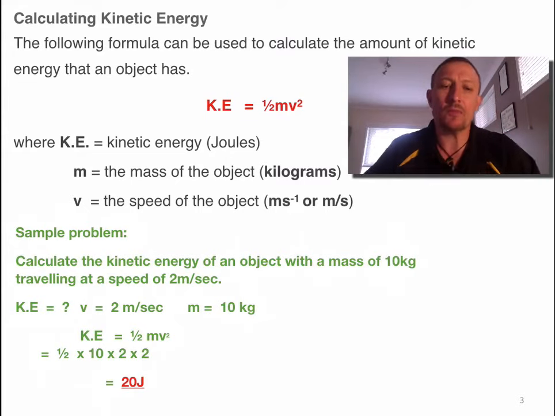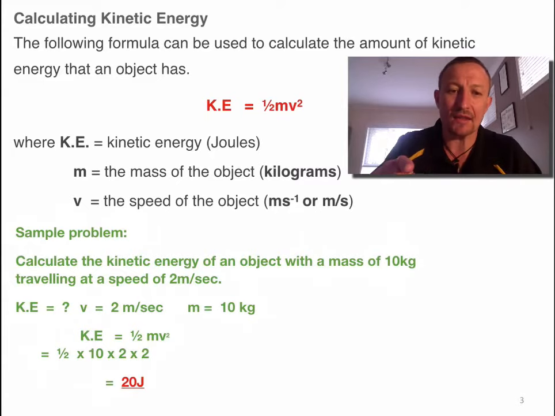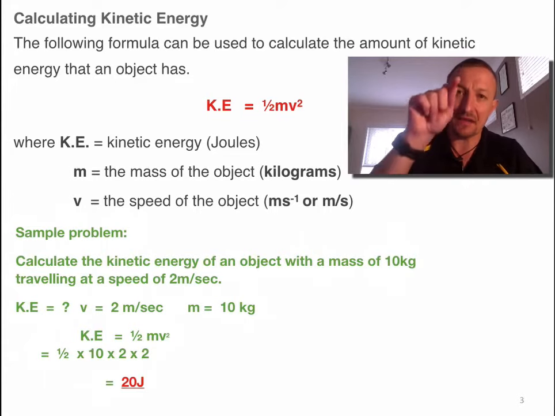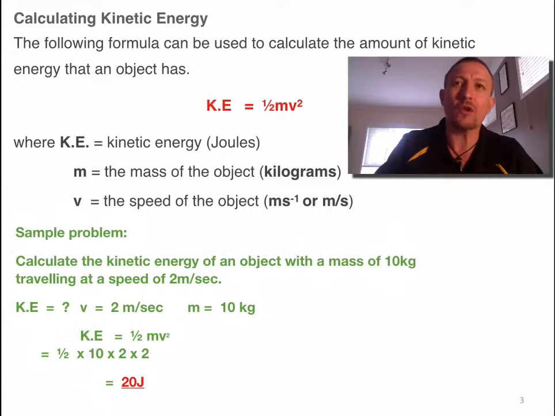So what do I put into my calculator? I put 1/2 times the mass, which is 10, times the velocity squared. Now velocity squared is the same as the velocity times itself. If you've got a scientific calculator, then you can just hit the number and then the square button, which is the x with a little 2 on top, or you can put in the velocity times the velocity.